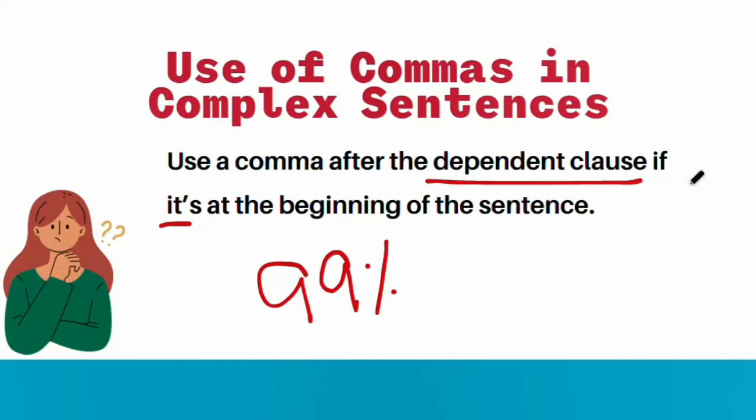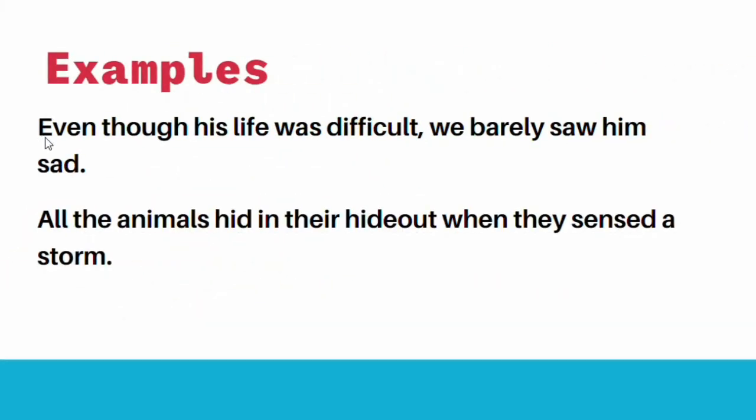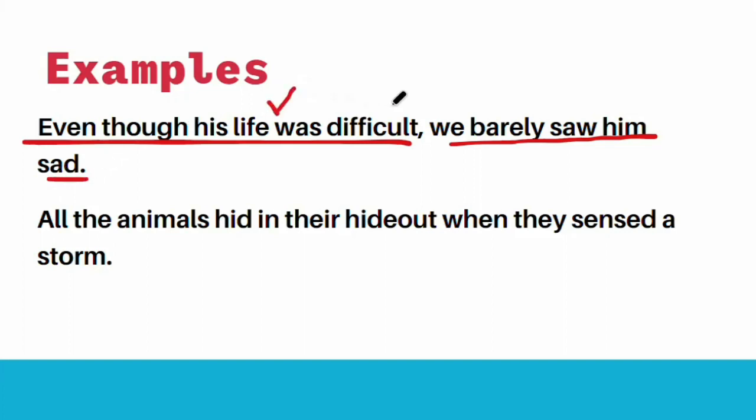If you have a dependent clause at the beginning, you need to put a comma after that and then you will write the independent clause. For example, even though his life was difficult, this is our subordinating conjunction and this is our dependent clause. Even though his life was difficult, we barely saw him sad. So, dependent clause, a comma must be here and then the independent clause.